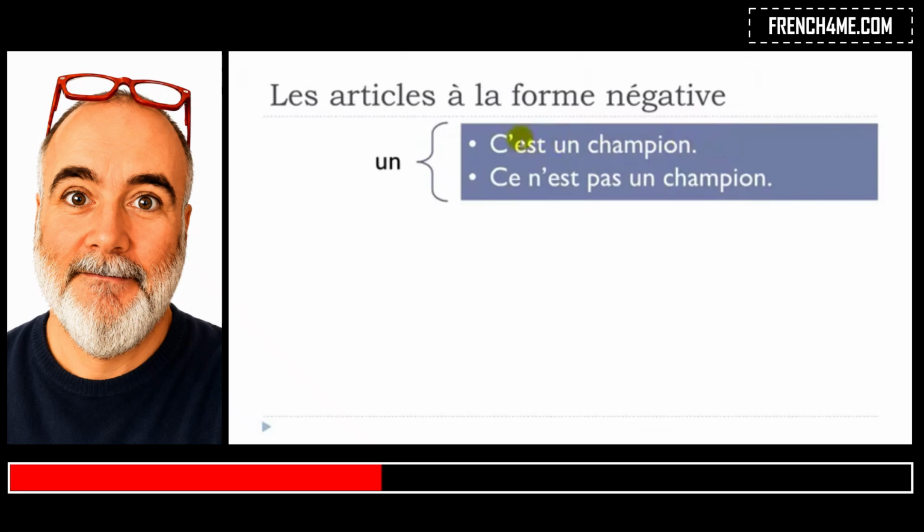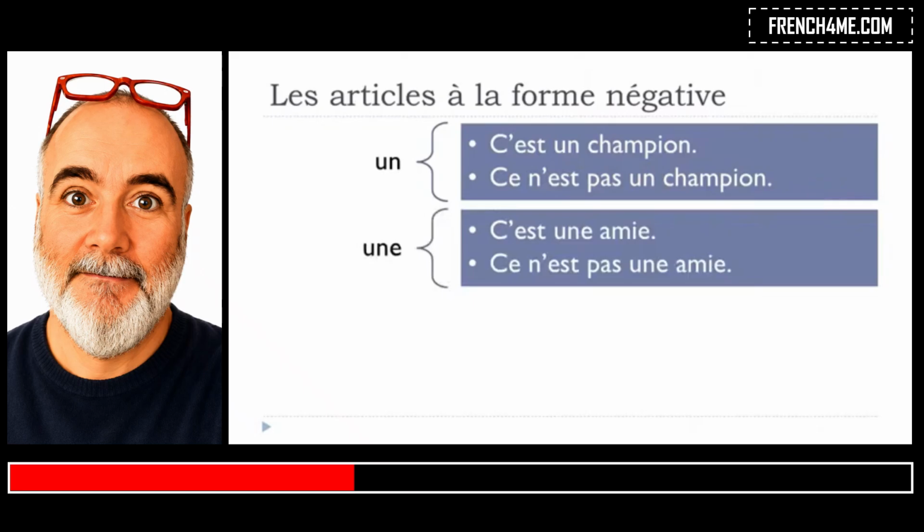Okay, and if you want to put the same sentence in the negative form, well, look, ce n'est pas un champion. So you will keep your article as you had previously here, un. It doesn't change. Feminine form, c'est une amie. Okay.